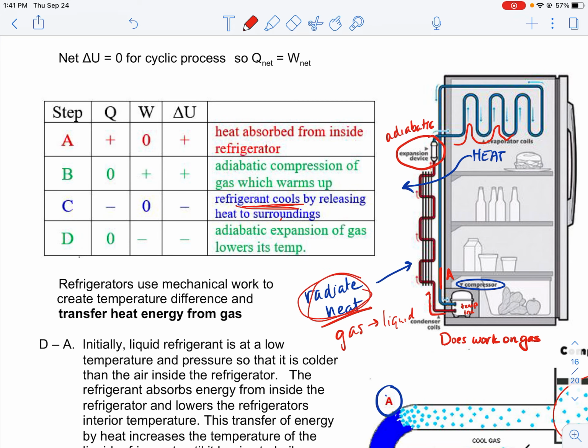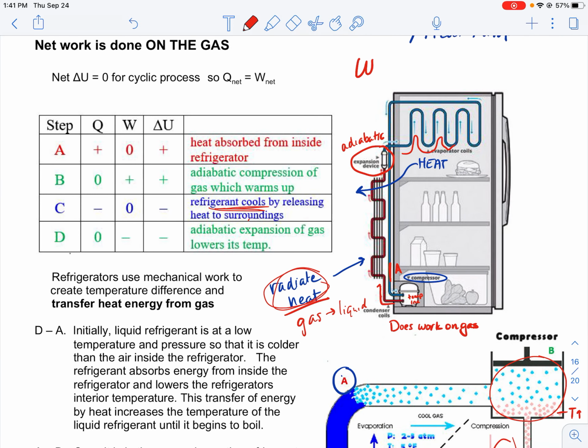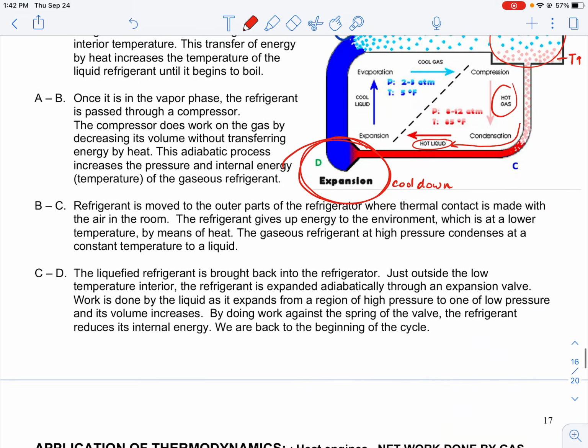That's on this radiation portion. And then finally, there's an adiabatic expansion of the gas, which lowers its temperature to be colder than the inside of the refrigerator. So in this case, mechanical work is used to move or transfer heat.